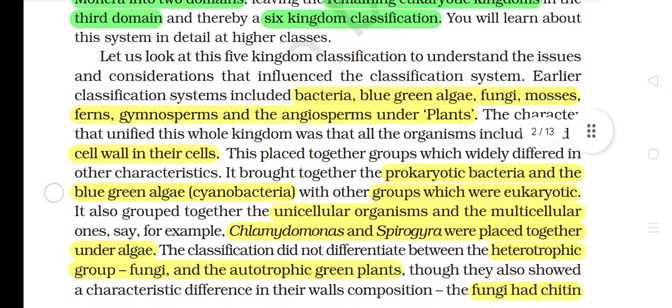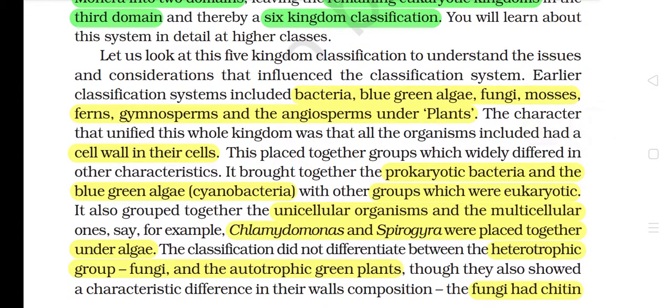Earlier classification systems included bacteria, blue-green algae, fungi, mosses, ferns, gymnosperms, and the angiosperms under plants. The character that unified this whole kingdom was that all the organisms included had a cell wall in their cells. This placed together groups which widely differed in other characteristics.